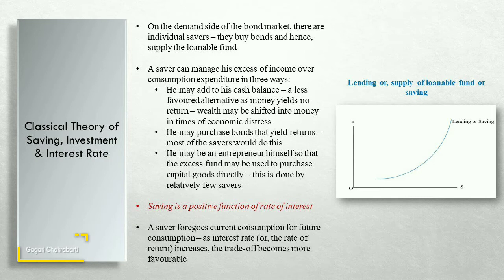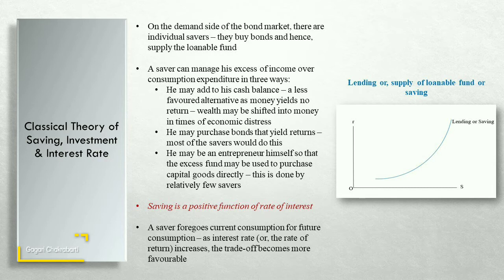Therefore, as the interest rate rises, the trade-off becomes more favorable, so that the saver will be more interested to forego current consumption in order to get future consumption. Because if the interest rate rises, then for 1 unit of money invested now, the individual will be getting a relatively higher amount of return in future. So that makes saving a positive function of rate of interest.